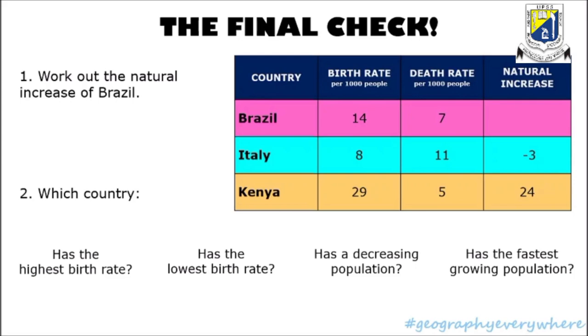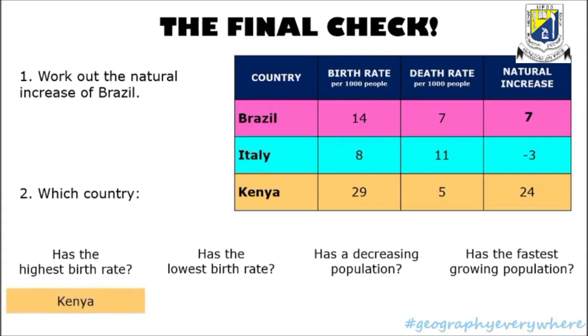Which country has the highest birth rate? 3. Which country has the lowest birth rate? 4. Which country has a decreasing population? And then 5. Which country has the fastest growing population?